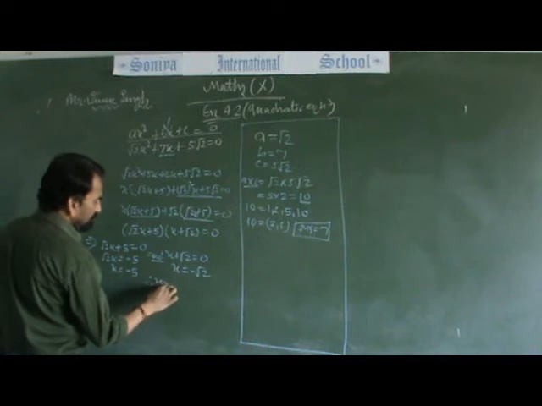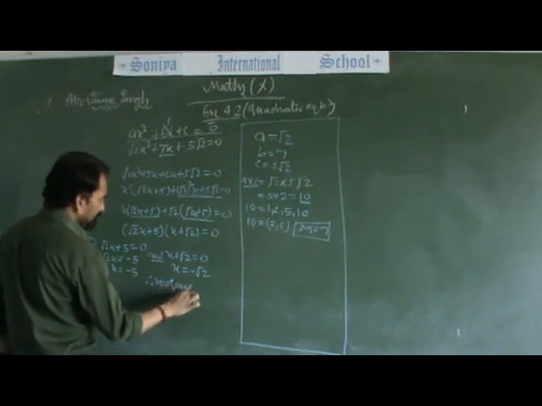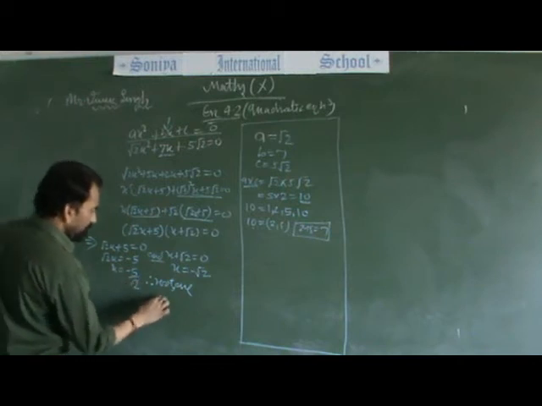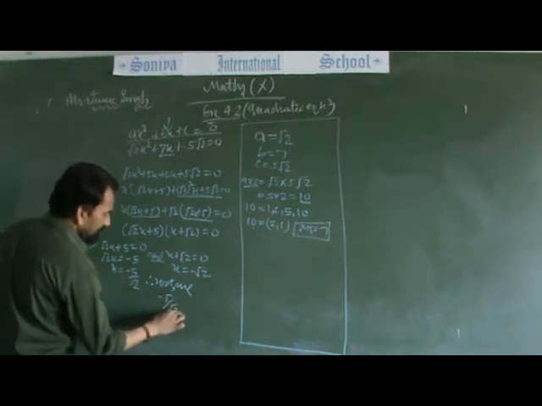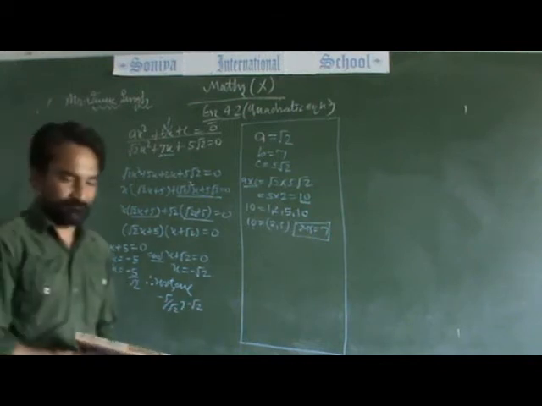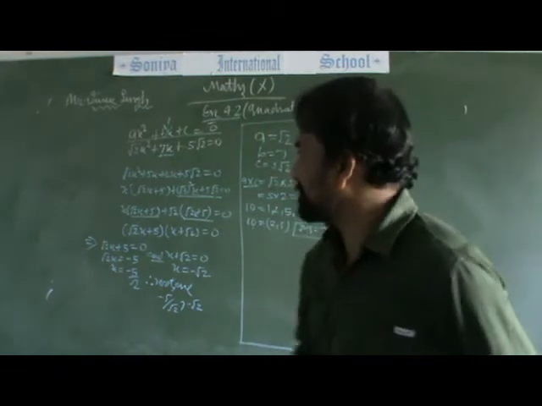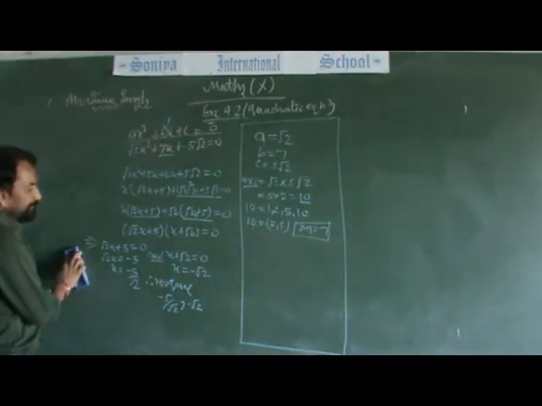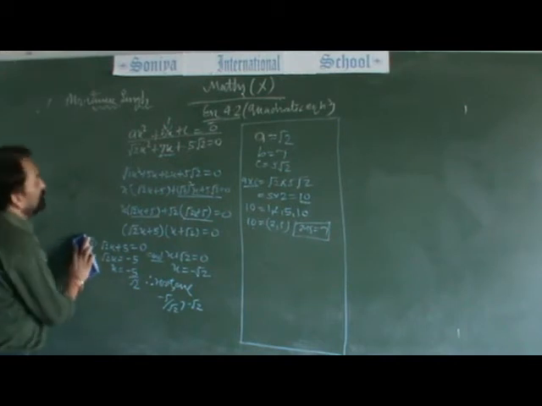Therefore the roots are minus 5 upon root 2 and minus root 2, both the roots are negative. Question number 1 is completed. There are a total of 4 parts, 2 were solved by me and the remaining 2 are your homework.